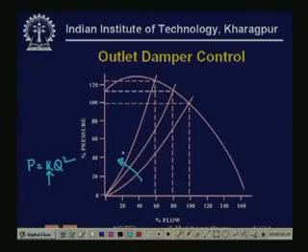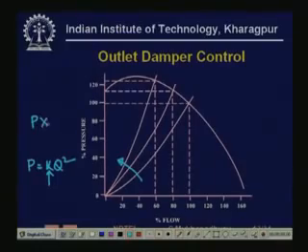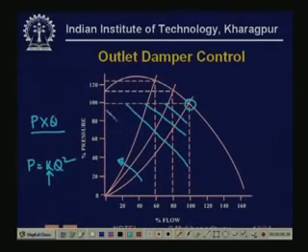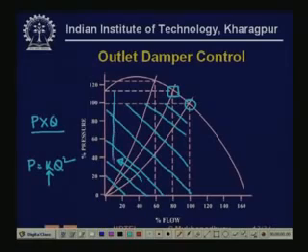Now, what is happening to the energy? The energy being delivered by a fan is P into Q. In other words, it is the area of this rectangle at any operating point. At this operating point, it is the area of this rectangle. When you are at operating point number 2, this is the area.